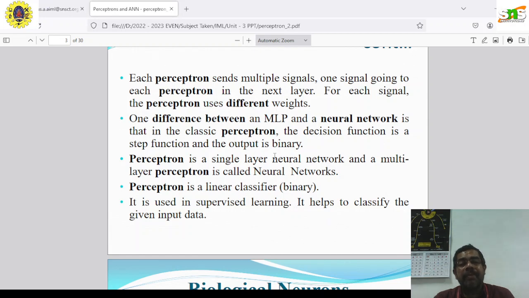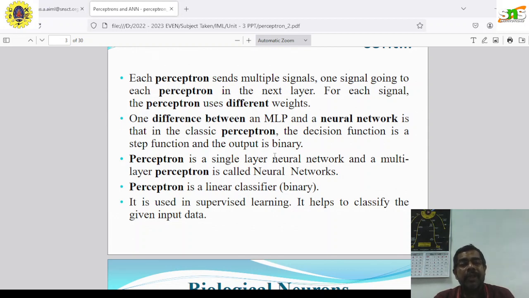One difference between a multi-layer perceptron and a neural network is that in the classic perceptron the decision function is the step function and the output is binary. In a step function, we can implement any kind of logical operation like AND, OR, or even XOR operations.